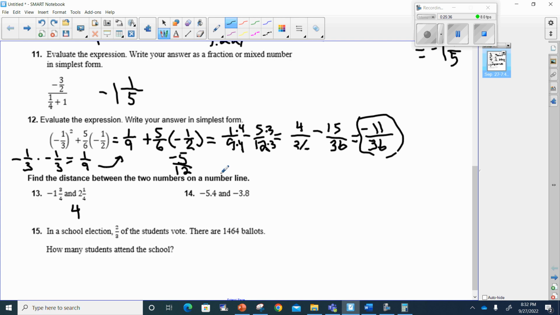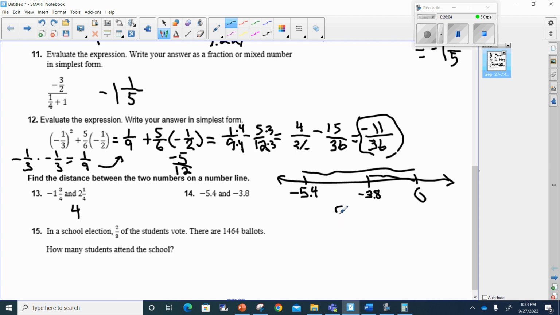Number 14 says I have, again, if this is the number line, and this was 0, I have a negative 3.8 over here, and I have a negative 5.4 over here. That means I'm going to have to subtract. I've got to take 5.4 and subtract 3.8 to find the distance here. So let's try that.